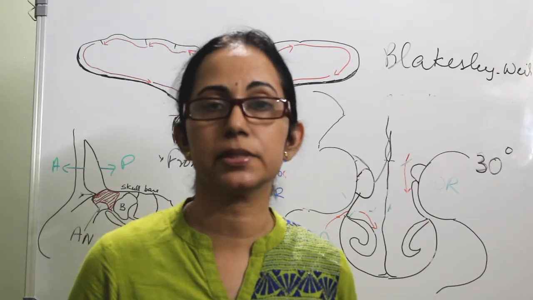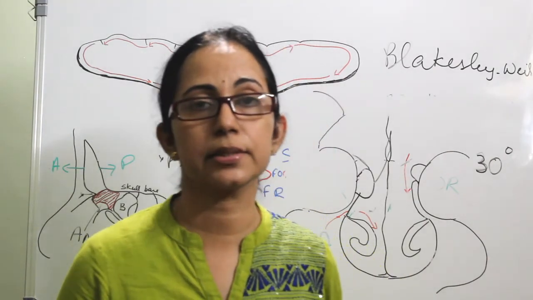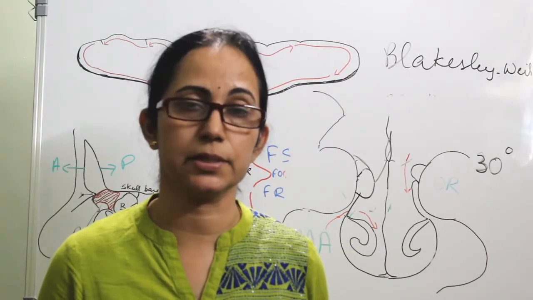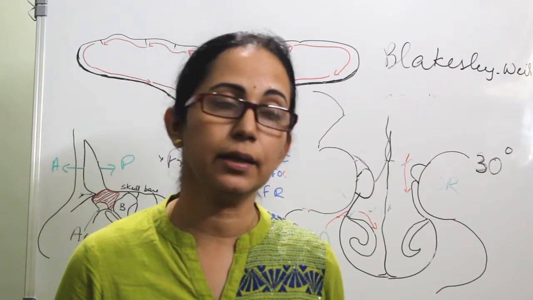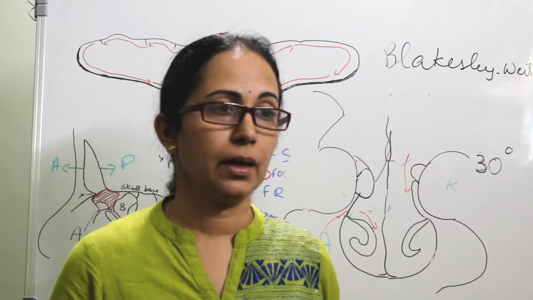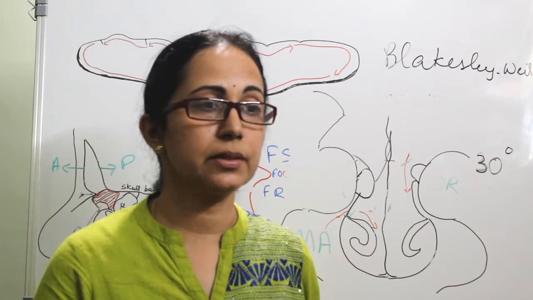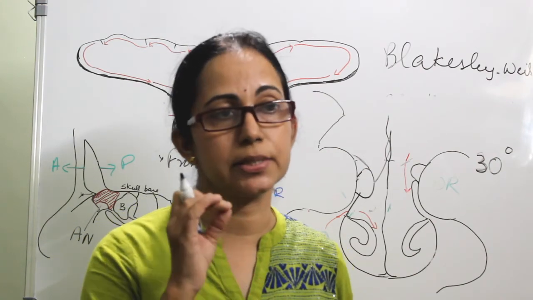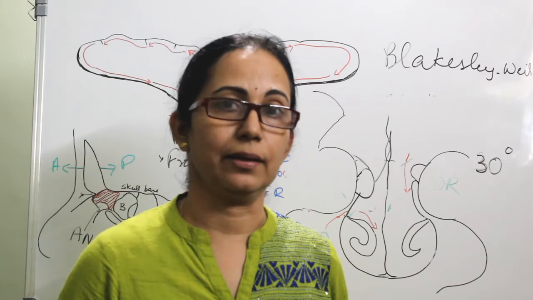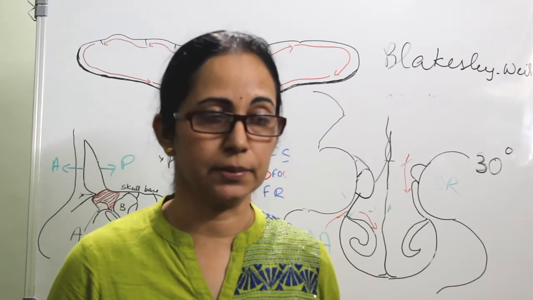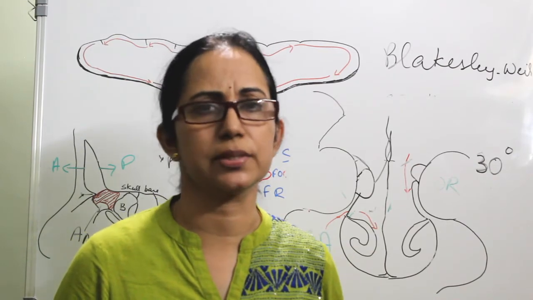Sometimes the previous surgeon may remove, accidentally or purposefully, the middle turbinate. In that case, there won't be any landmarks available. For your information, as far as possible, always try to retain at least a part of the middle turbinate. That is very important for future surgeries.